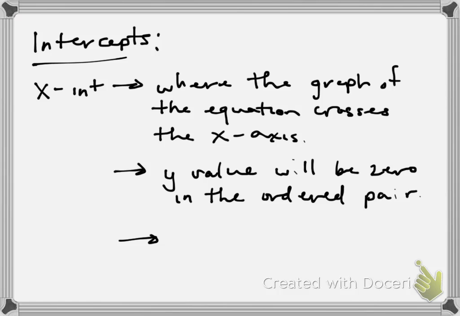What other names do we have for x-intercepts? They're called zeros. What else? Solutions. What are they solutions for? Does anybody remember?